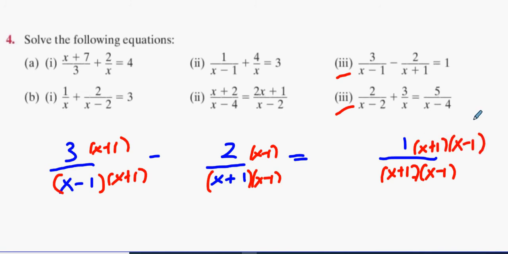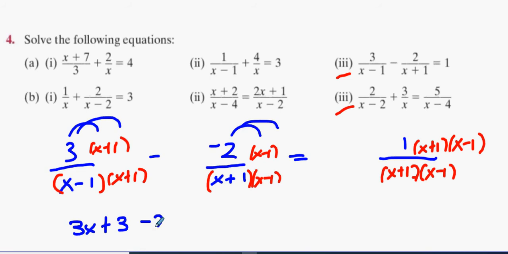How many has got that far? Okay, you've had the common denominator down. The majority of you. Alright, let's multiply this out. 3x plus 3. And that's a minus 2, isn't it? That minus belongs to the numerator. It makes it minus 2x plus 2 equals, what about here?